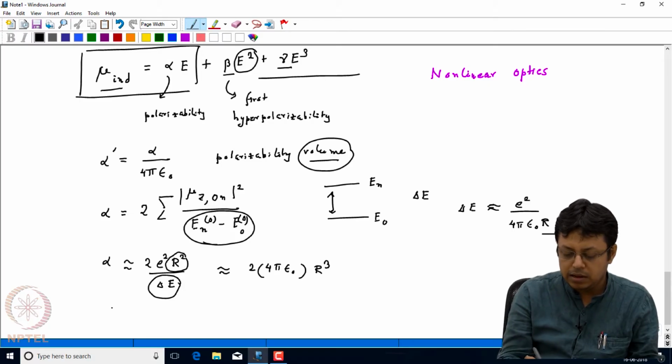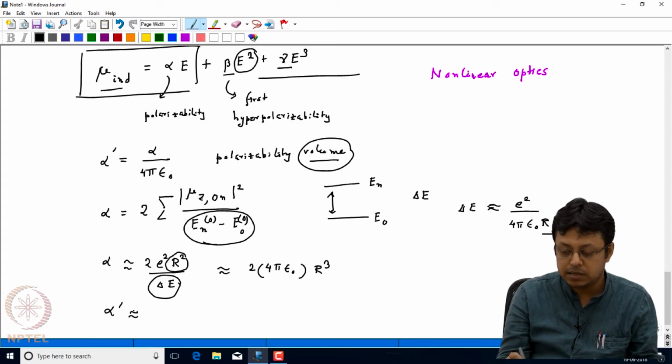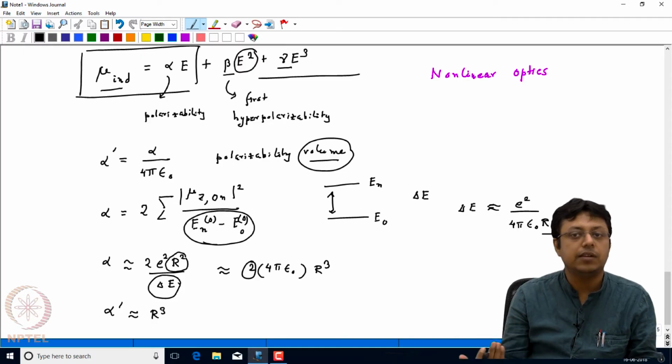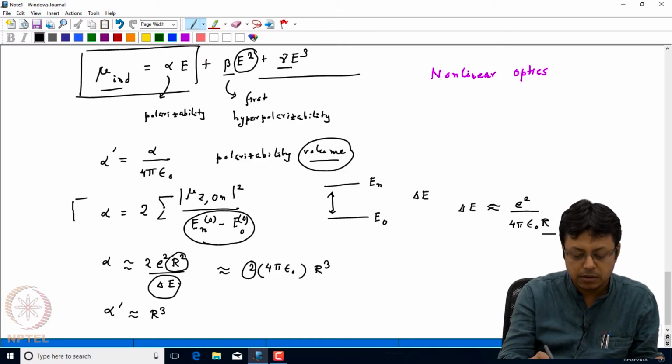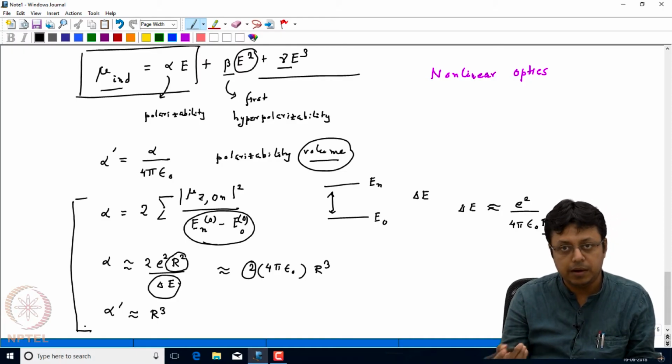By definition, alpha prime is nothing but alpha divided by 4 pi epsilon 0, and if we ignore the factor of 2 here, we see that alpha prime is roughly equal to r cube, which is roughly the volume. So, that is why we call it a polarizability volume, but this description all of you may not be very familiar with.